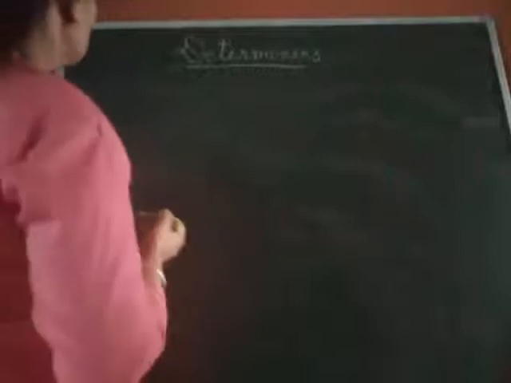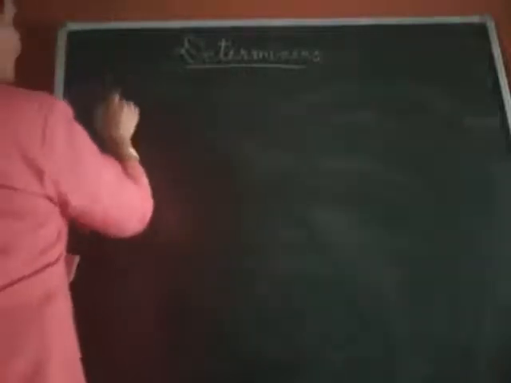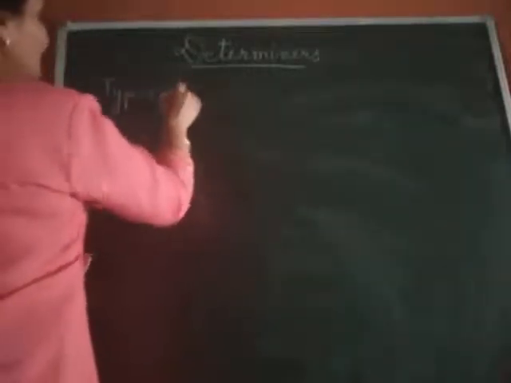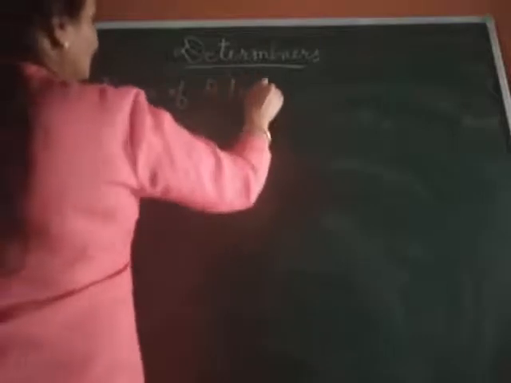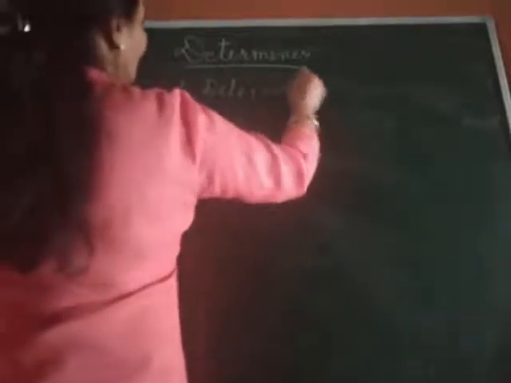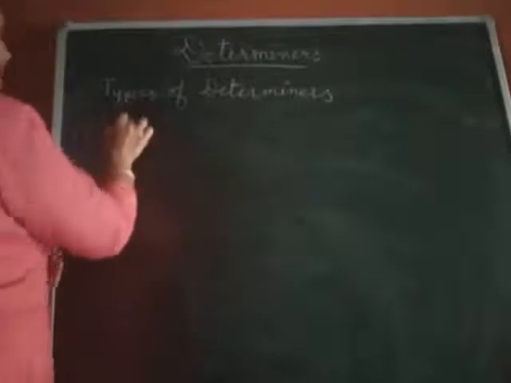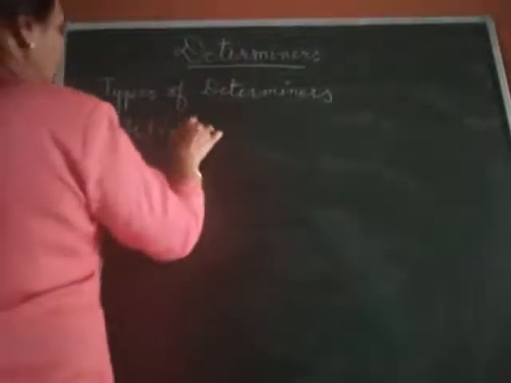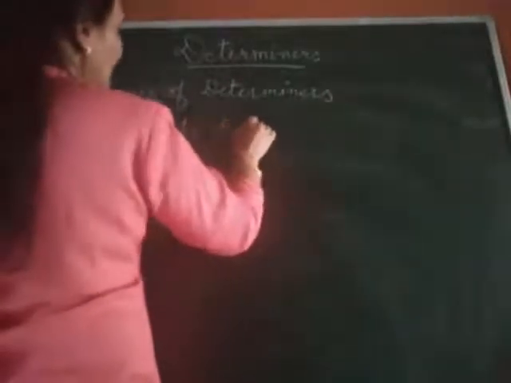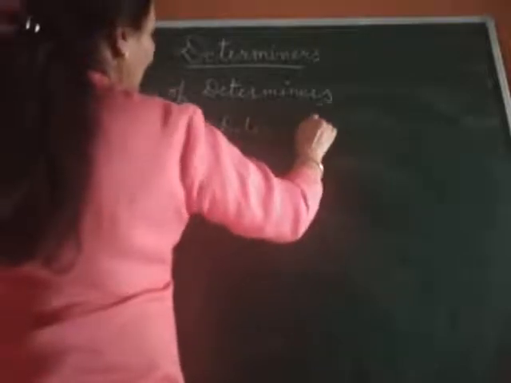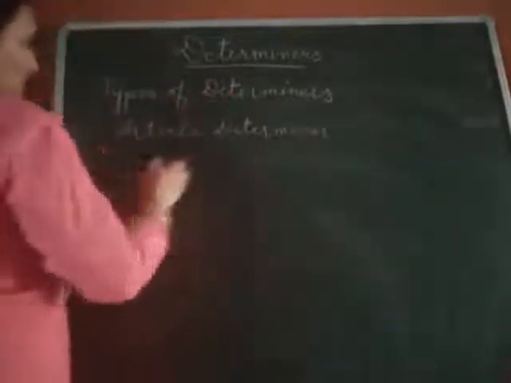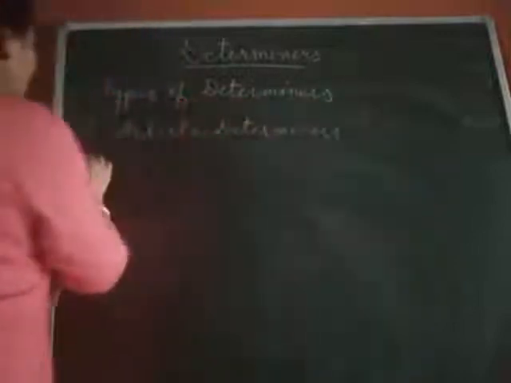Next, now we will talk about the types of determiners. Types of determiner. Number 1, article determiner.